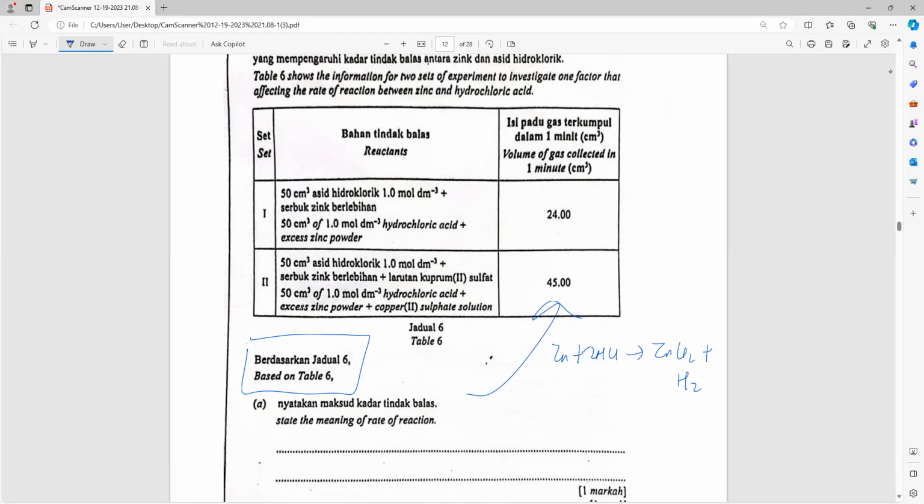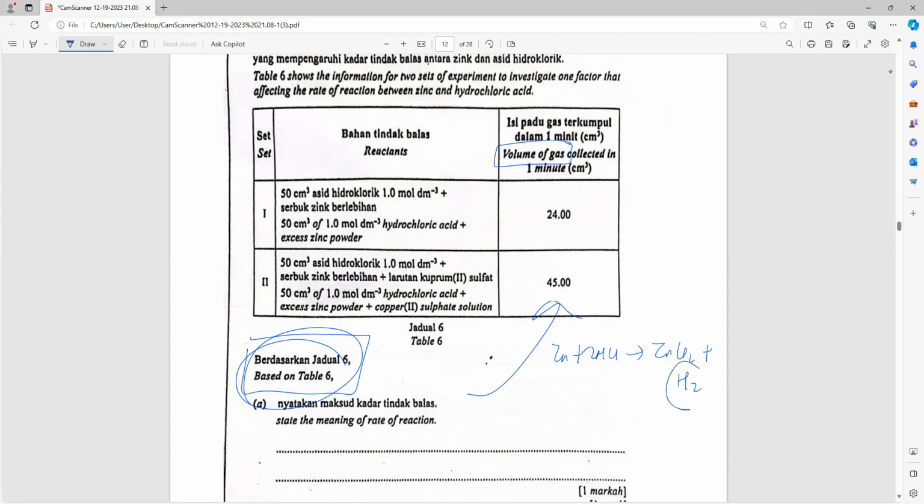But now, teacher said based on table 6. If you listen to Yuga's answer just now, it says the change in the amount of reactant or product. What is something that I can measure here? How can I determine rate of reaction? They already gave you a hint. The volume of gas. So what is the gas that I'm collecting here? Hydrogen.